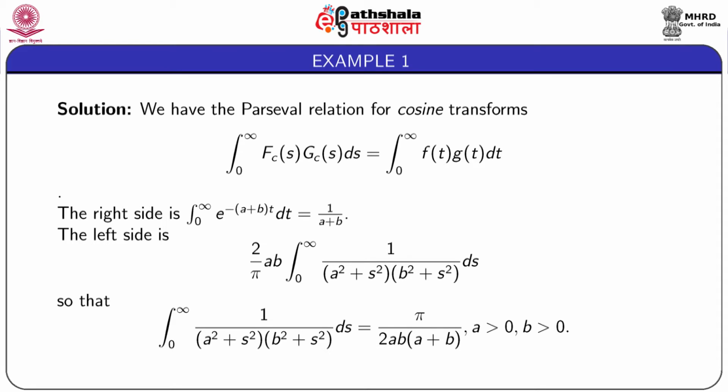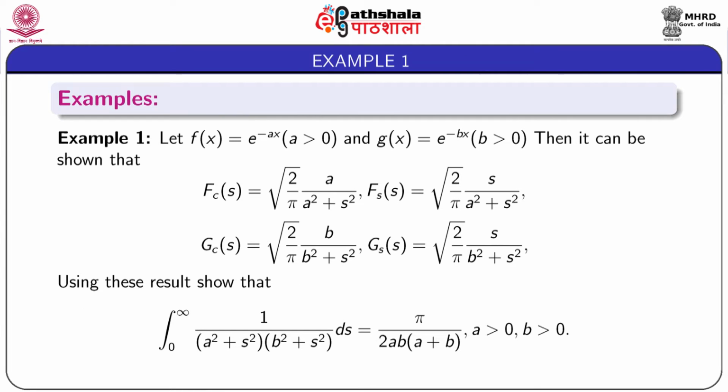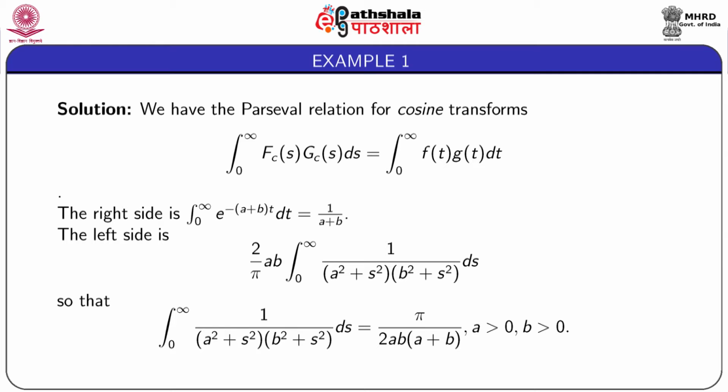Now, we know that f(t) and g(t) are given by e to the power minus ax and e to the power minus bx. So the integral on the right hand side is equal to integral 0 to infinity e to the power minus (a plus b)t dt, that is equal to 1 by (a plus b).